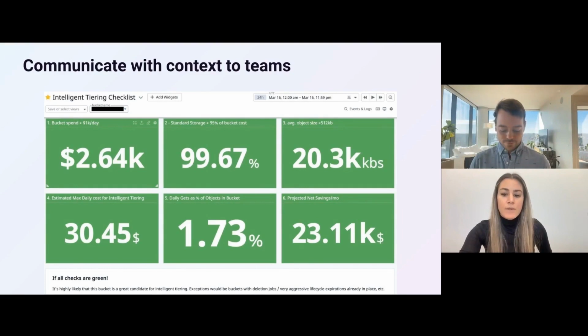We can see what percentage of that bucket cost is associated with standard storage and things like the daily gets as a percentage of the overall buckets in the storage. So TLDR was that if all of these boxes are green, we are communicating to our engineering teams that this particular bucket was a good candidate for cold storage.